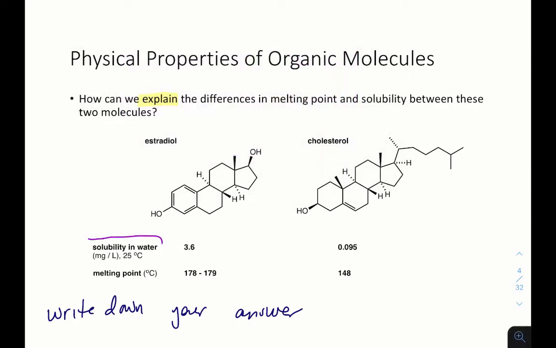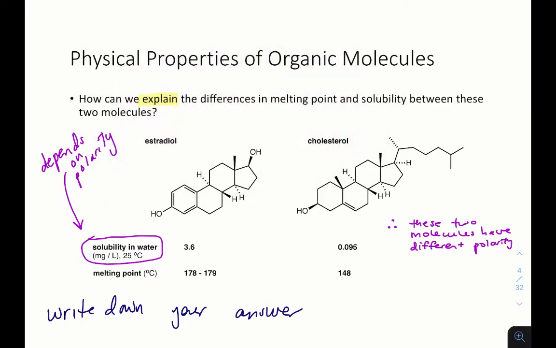You may have recalled from general chemistry that the solubility of a compound in water depends on its polarity. So you might say that these two molecules have different polarity. We can see that estradiol has two polar alcohol functional groups, while cholesterol only has one.